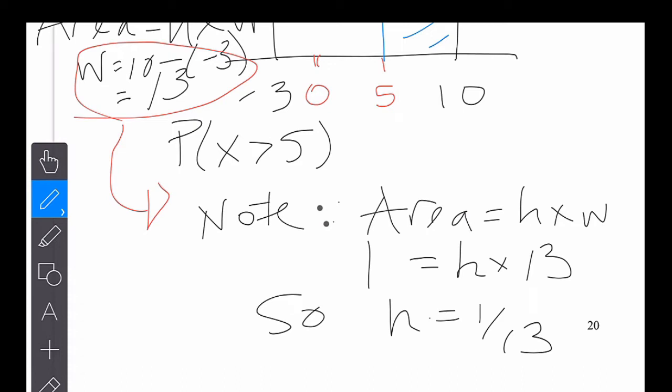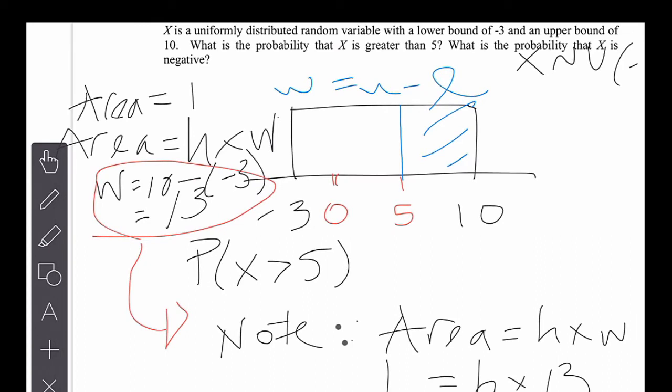So for the whole box, height is 1/13. I'm going to write that here. So since height is 1/13, now I'm going to use that height together with this width between here.